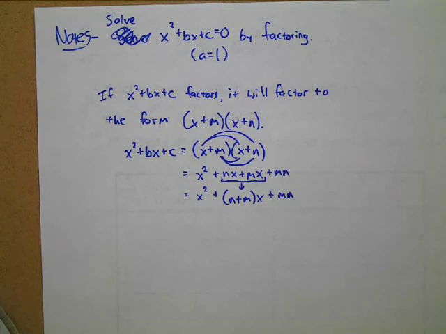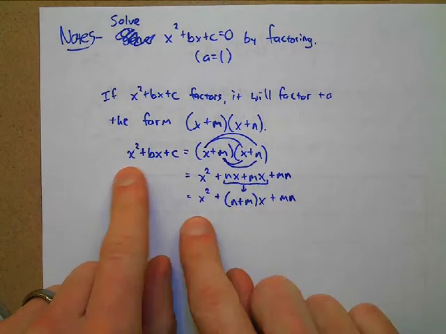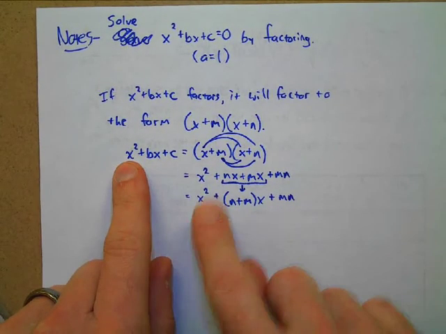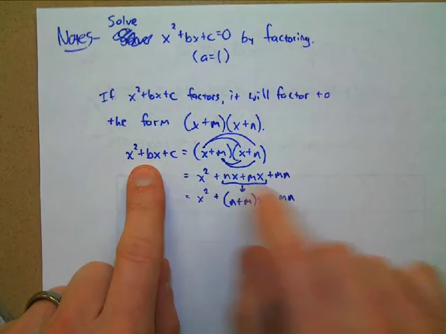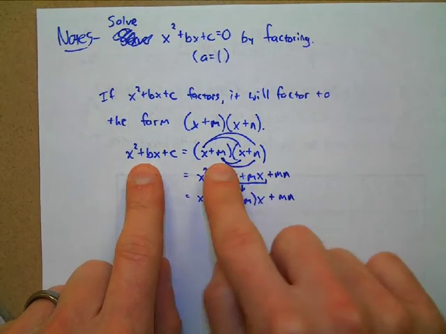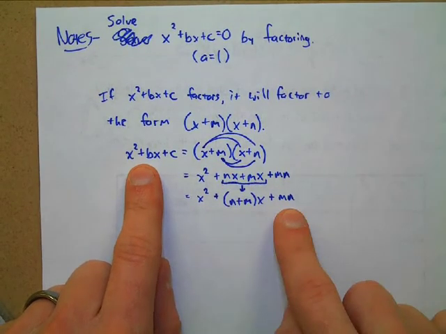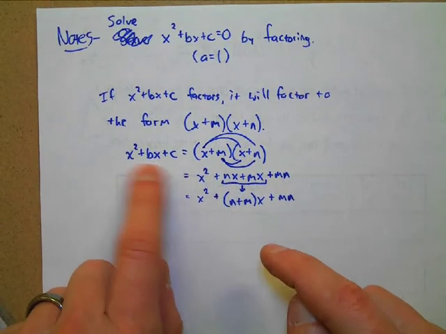And now if you look here, we kind of have our standard form. So we said that if this thing factors, it'll factor to something in this form. But if I multiply this out, we get this. What does the n plus m correspond or match to in our original quadratic right here?